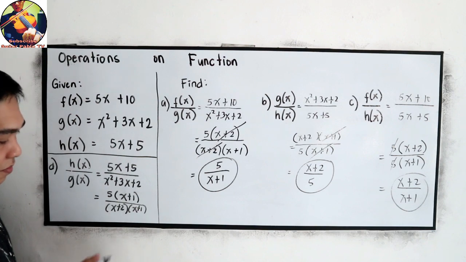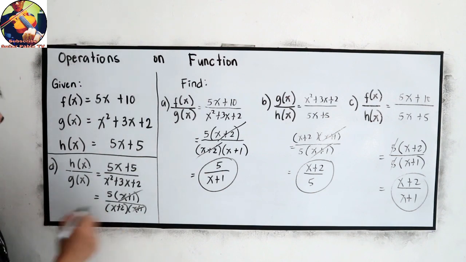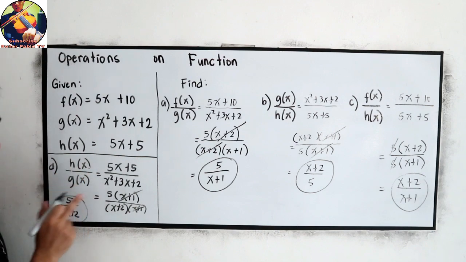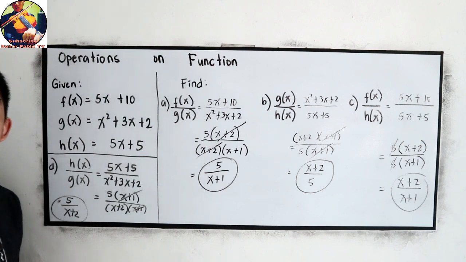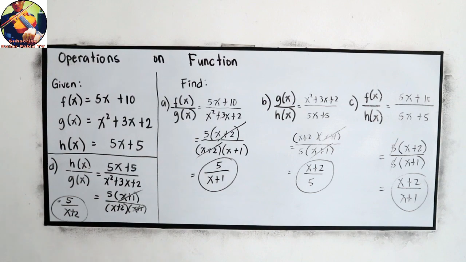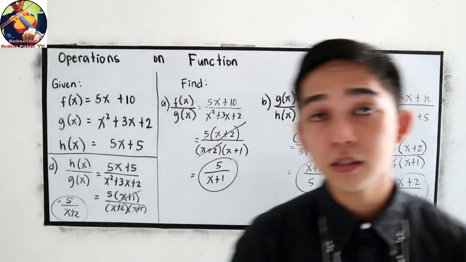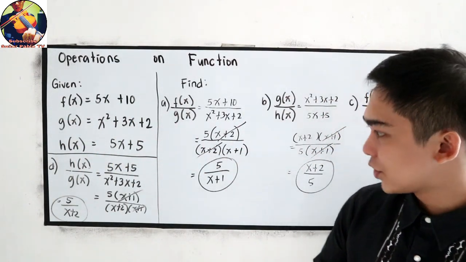Cancel similar terms in the numerator and denominator. So our final answer is 5 over x plus 2. H of x over g of x is 5 over x plus 2. Okay, this is our operations on function. So we have the division.